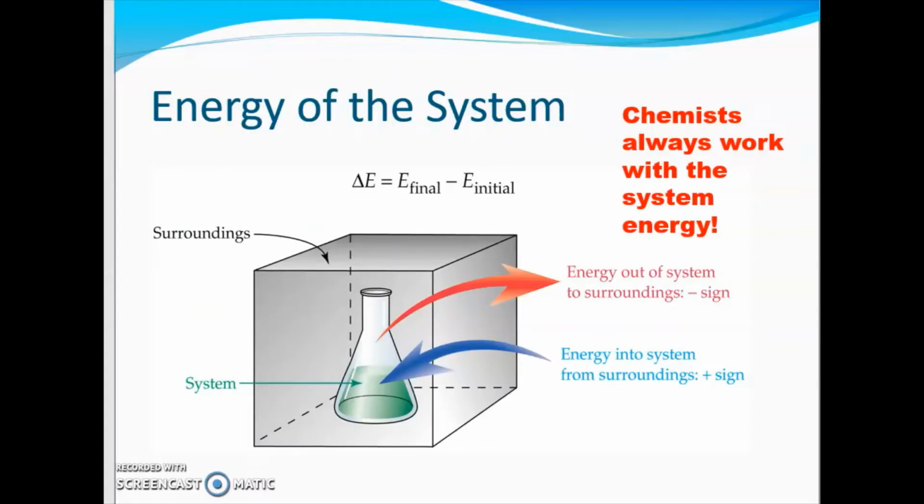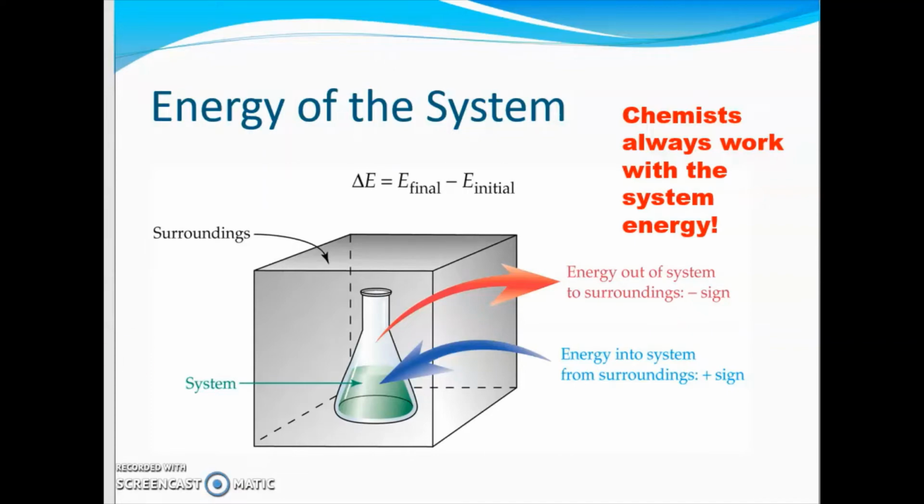One thing that can be challenging in thinking about thermochemistry is the difference between the system and the surroundings. Now, chemists always work with the system energy, so we can really think of the system as being the molecules doing a chemical reaction or a phase change.